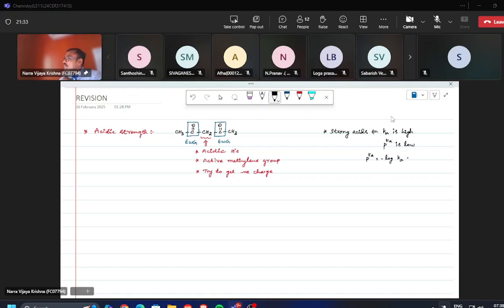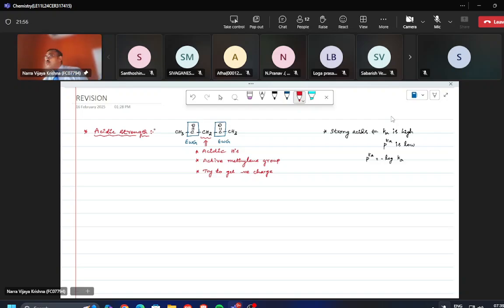Correct? The pKa value is the negative logarithm of the Ka value. Any questions? Means what I am trying to compare here: I will try to compare Kas or I will try to compare pKas.